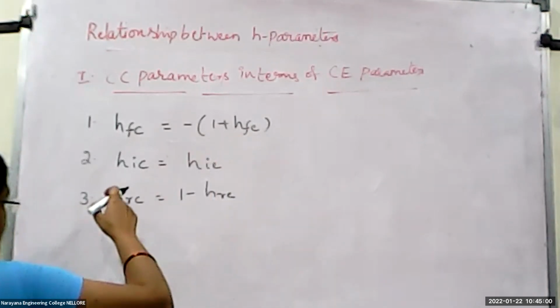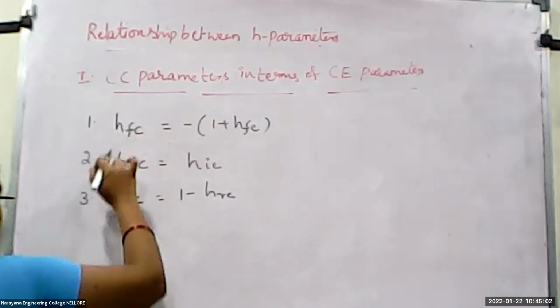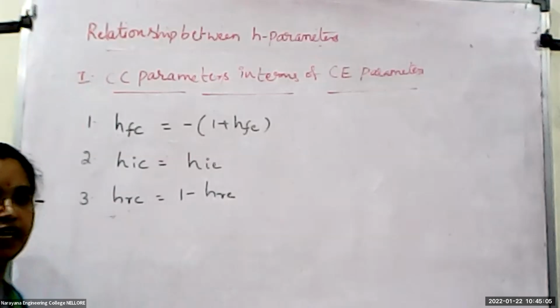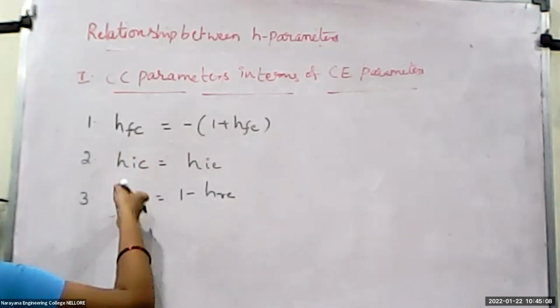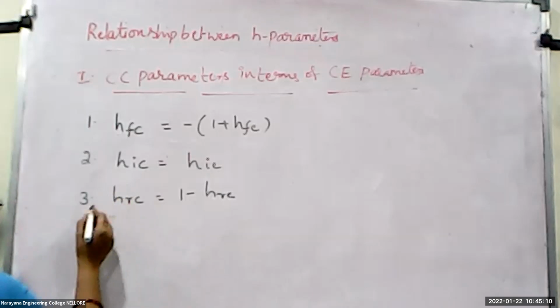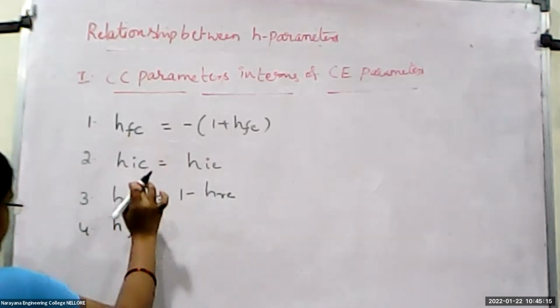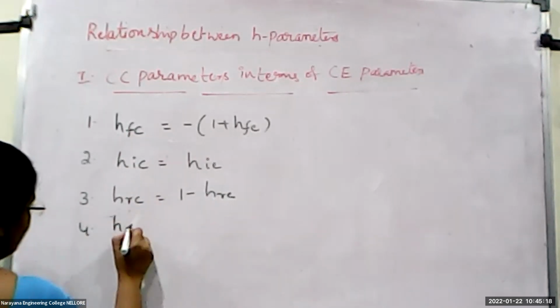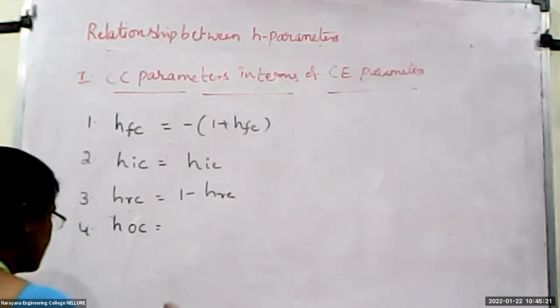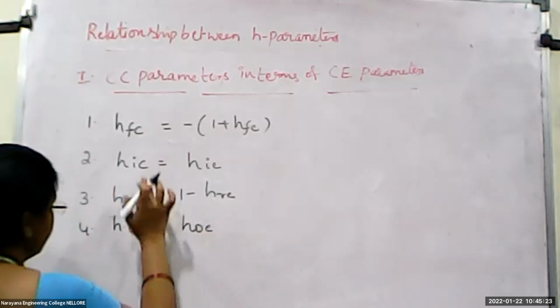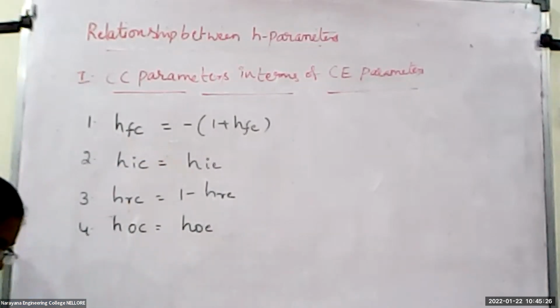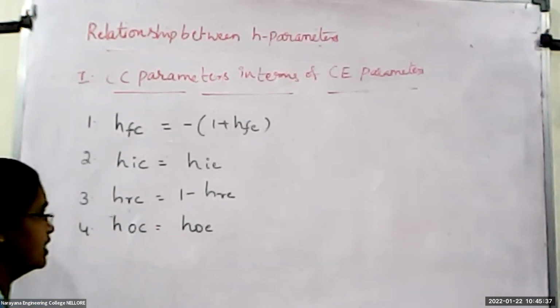To find the current gain and voltage gain in the CC configuration, we require HFC, HIC, HRC and HOC. HOC is HOE. These are the CC parameters, the common collector H parameters in terms of the CE configuration. Just 4 formulas.